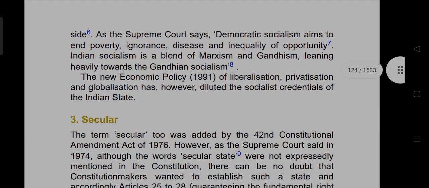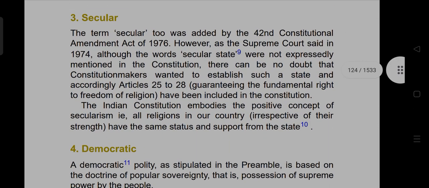As the Supreme Court says, democratic socialism aims to end poverty, ignorance, disease, and inequality of opportunity. Indian socialism is a blend of Marxism and Gandhism, leaning heavily towards Gandhian socialism. The new economic policy of 1991 of liberalization, privatization, and globalization has, however, diluted the socialist credentials of the Indian state.